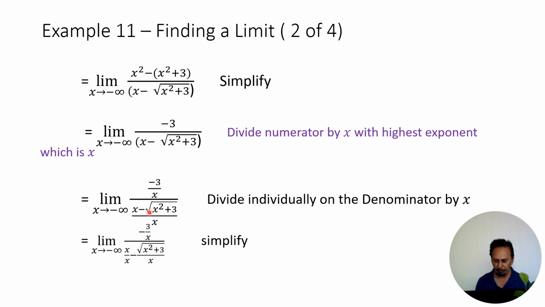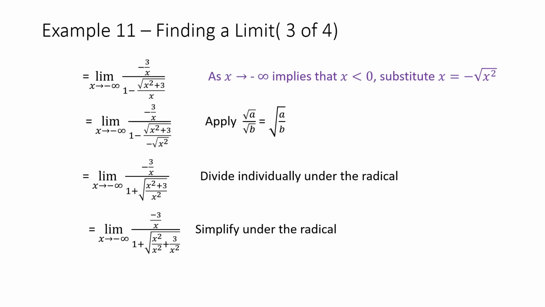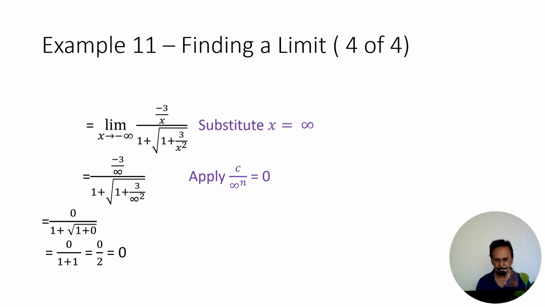We divide individually in the denominator, so we have negative 3 over x, over x over x minus the square root of x squared plus 3 over x, and simplify. Now we substitute x equal to infinity.